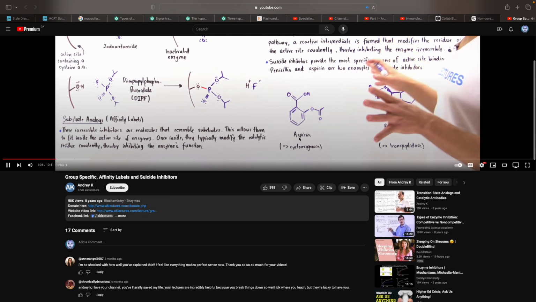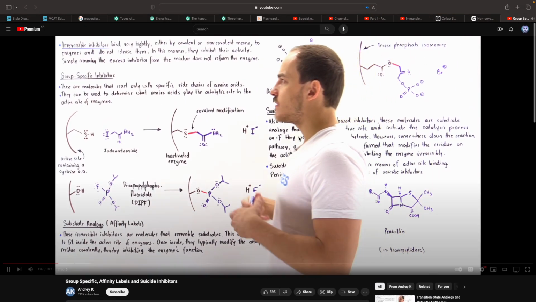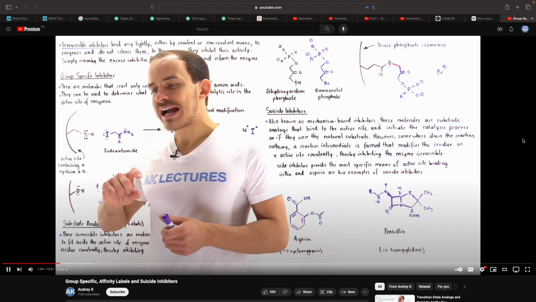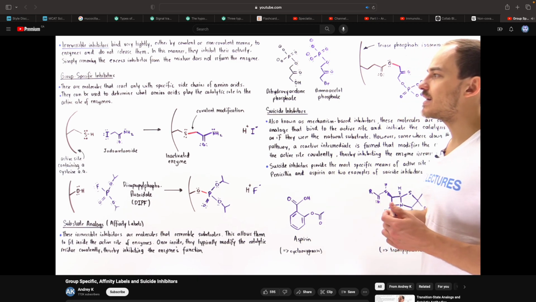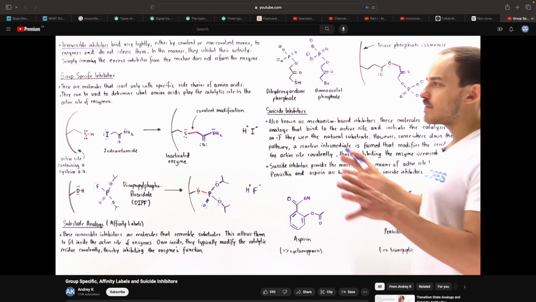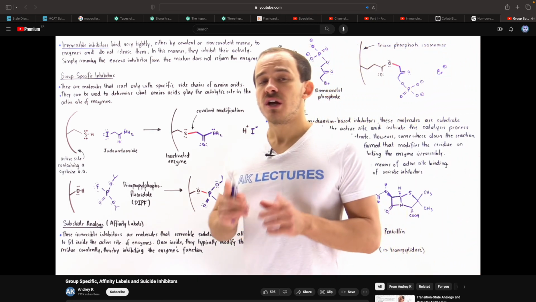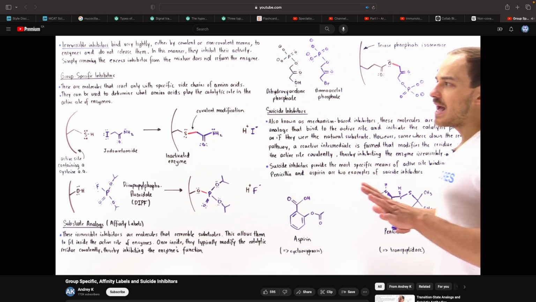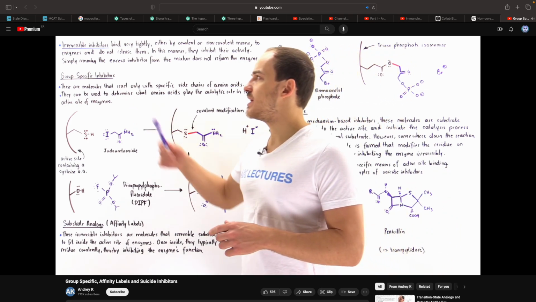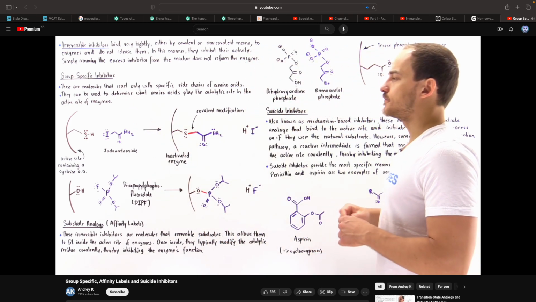We can use these three types to probe and study the residues found inside active sites of enzymes. Out of these three, the most specific is the suicide inhibitor, and the least specific is the group-specific inhibitor.